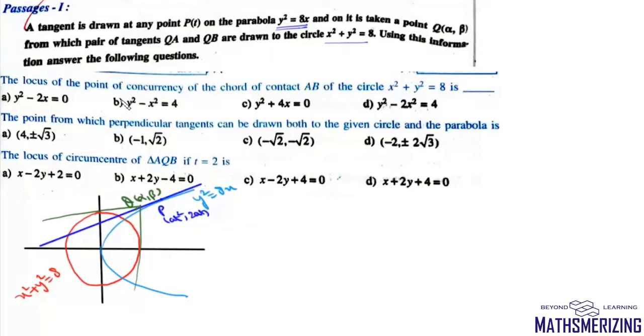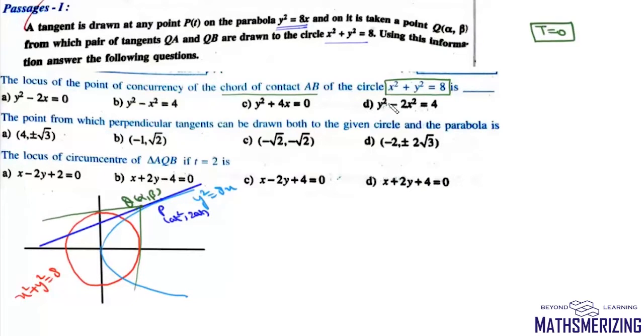Now using this information, we need to answer the following question. The first question is the locus of the point of concurrency of the chord of contact AB of the circle x² plus y² equals 8. Now we know that the equation of the chord of contact drawn from any point Q on this circle will be given by T equals 0.